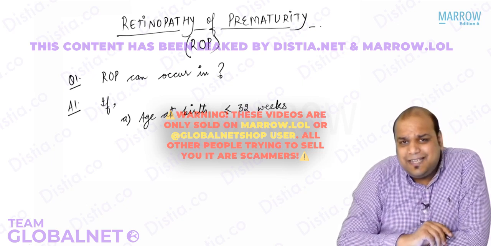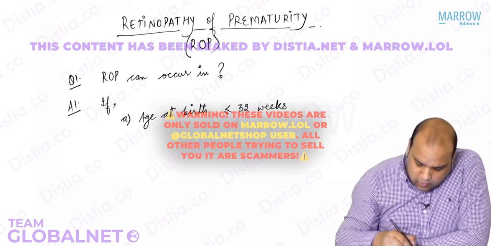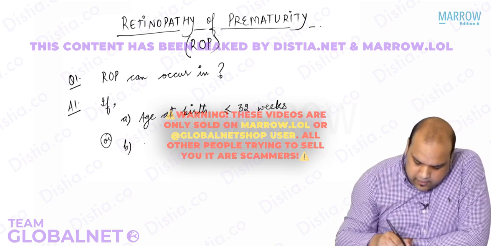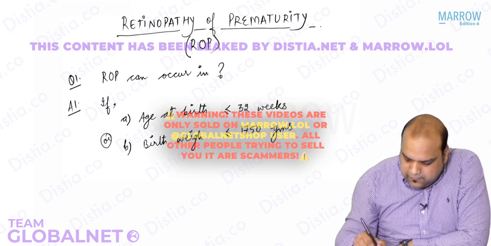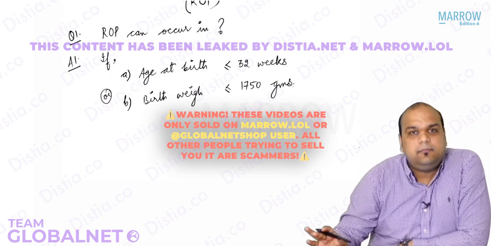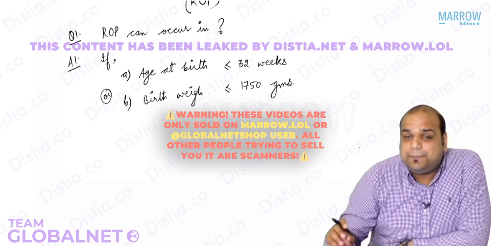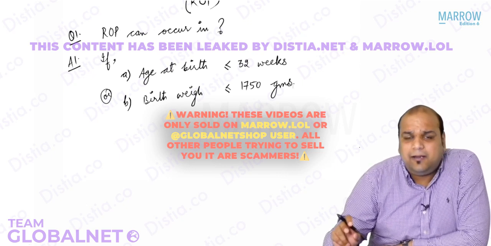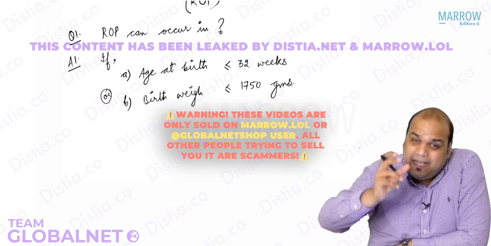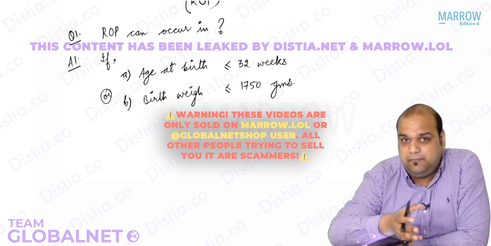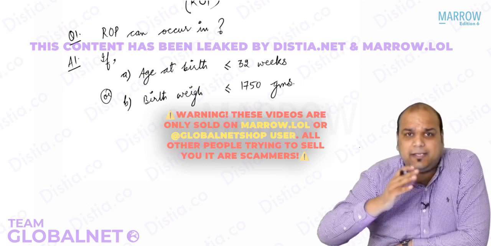Age at birth is less than or equal to 32 weeks. Or if birth weight is less than or equal to 1750 grams. Am I crystal clear? These are the two subsets of premature children which are candidates for having ROP. Again, I am saying these can have ROP. I am not saying they will have ROP. Because they can have ROP, I need to examine.